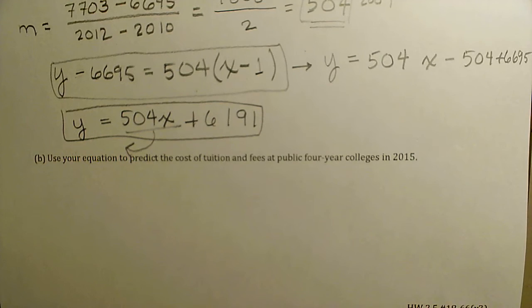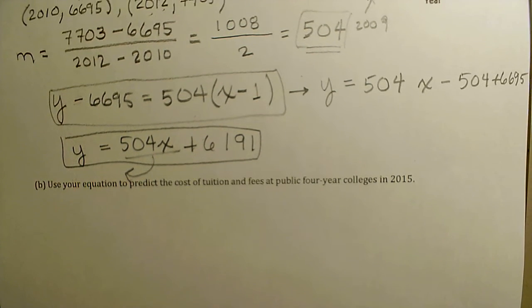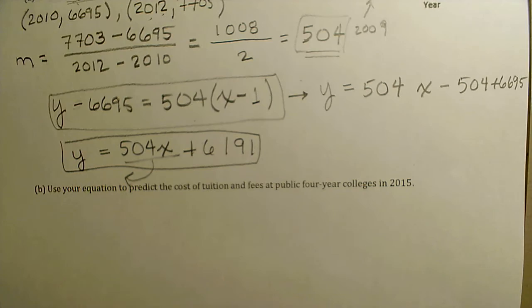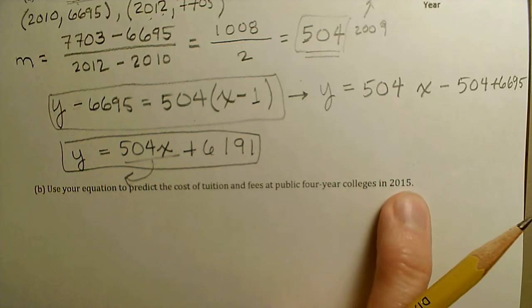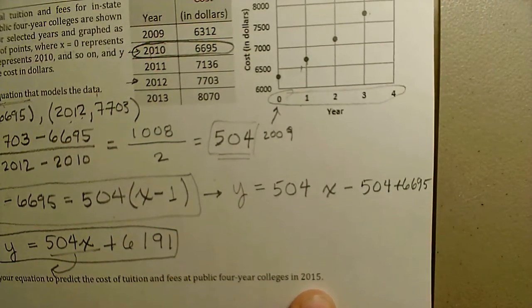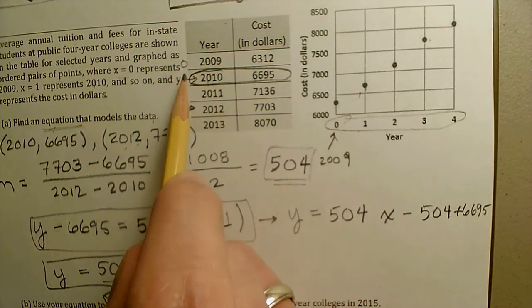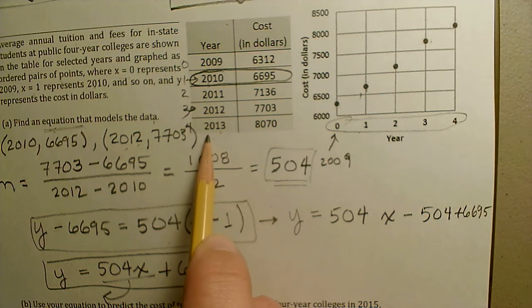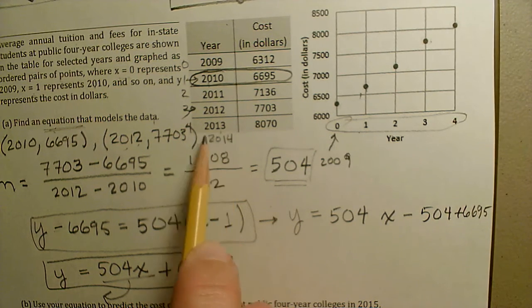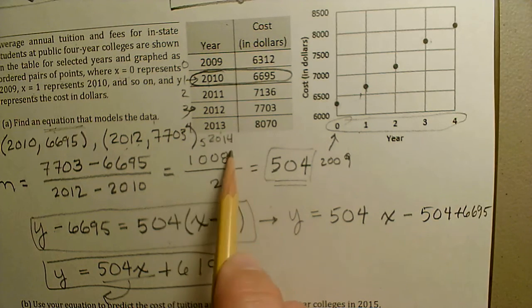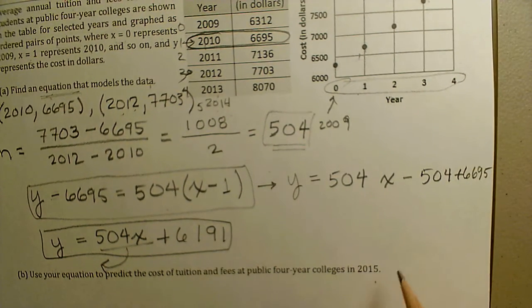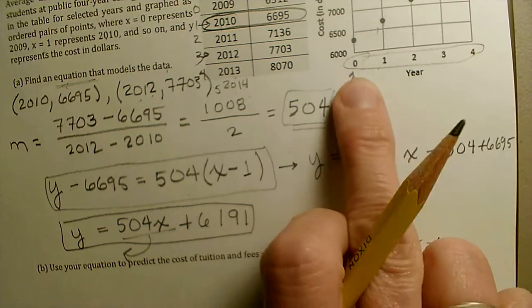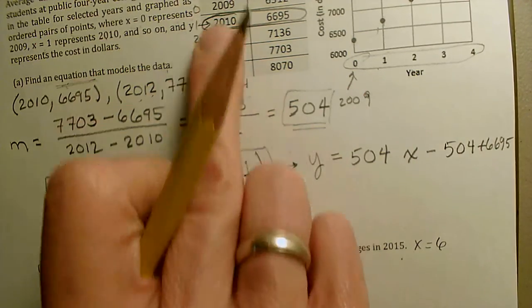The last one here: use your equation to predict the cost of the tuition and fees at the four-year college in the year 2015. So let's think about what that would be. This is 0, 1, 2, 3, 4, and then 2014 was 5, and then 2015 would be an x value of 6, if we are staying with our x value being similar to what the table was rather than what the graph was.